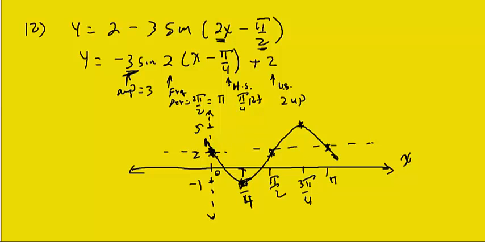The only thing I need to take care of is that I have to add pi fourths to everything. So 0 becomes pi fourths now, so I'm going to change that to pi fourths. Pi fourths plus pi fourths gives me pi halves, so I'm going to change this to pi halves.